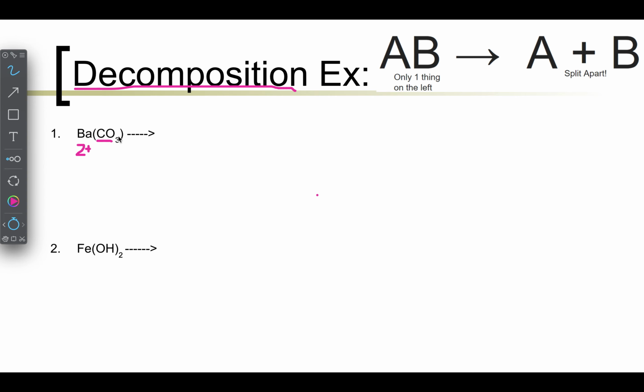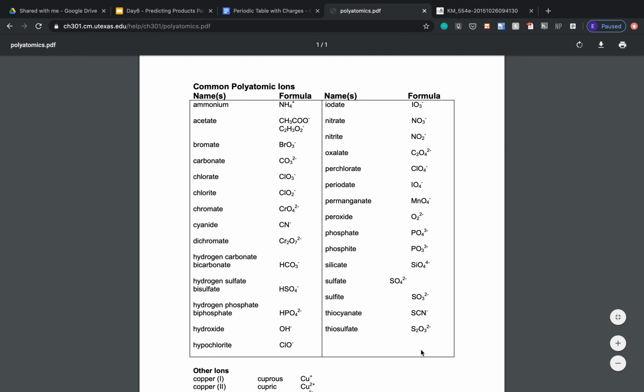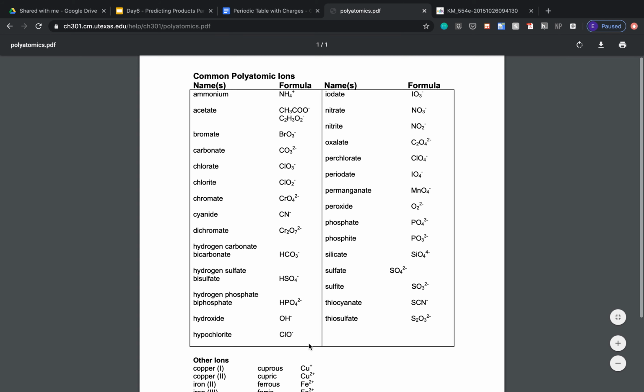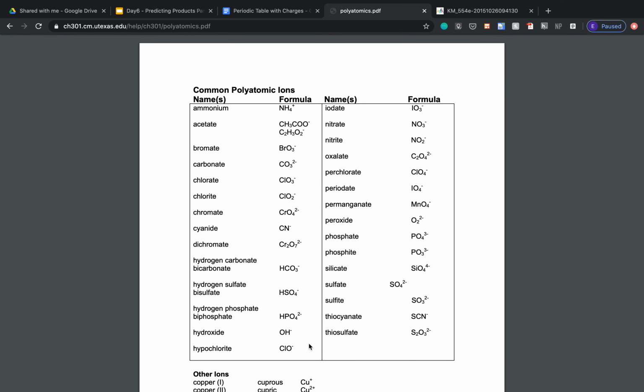To figure that out, you are going to have to go to a polyatomic PDF, which I have also included. And you'll see if we can find CO3, might not be on here. Okay, so here's CO3, and we see that it has a 2 negative charge, a -2 charge.